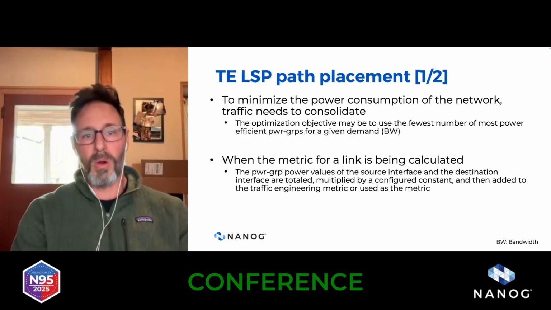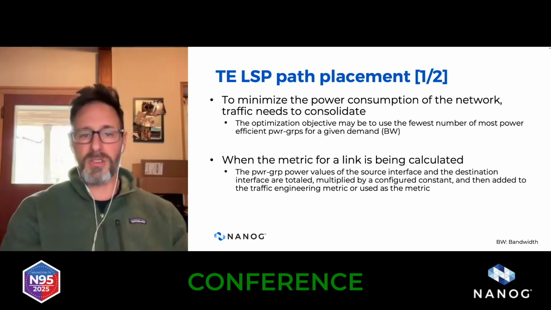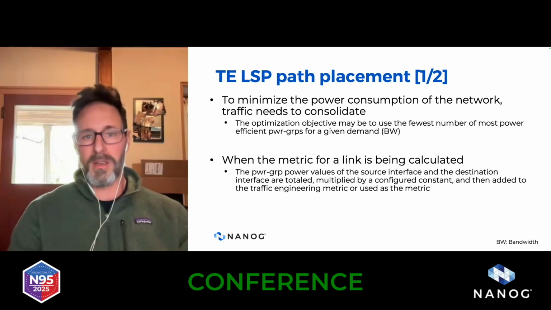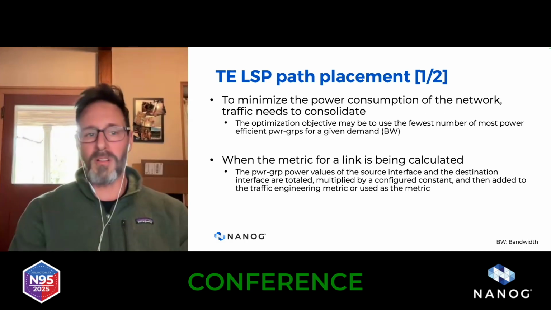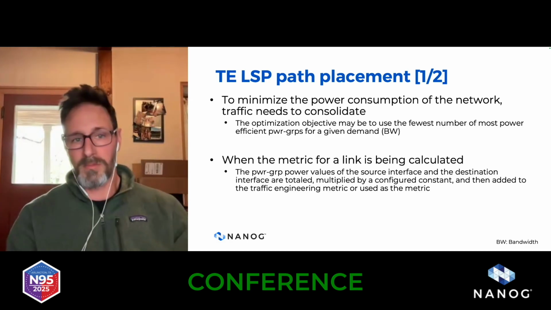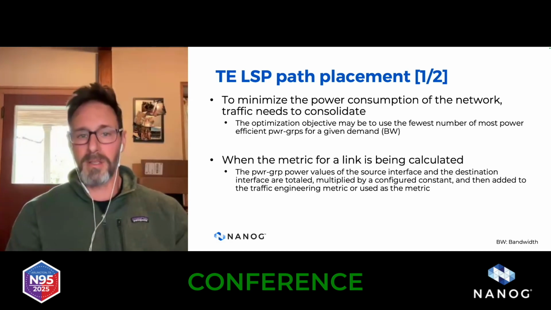In other words, our goal here is to minimize power consumption on the network by consolidating traffic so that we can transition unused components into this sleep state. So an optimization objective for TE path placement may be to use the fewest number of most efficient power groups for a given bandwidth demand.